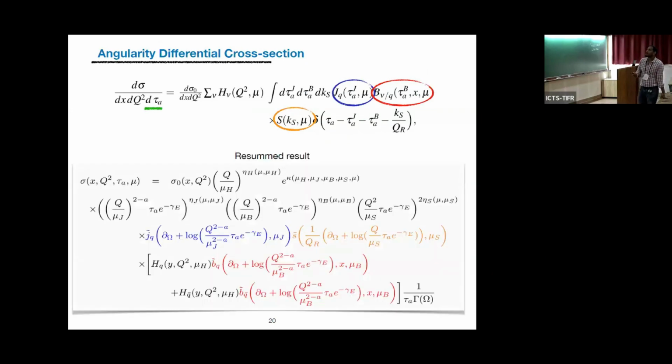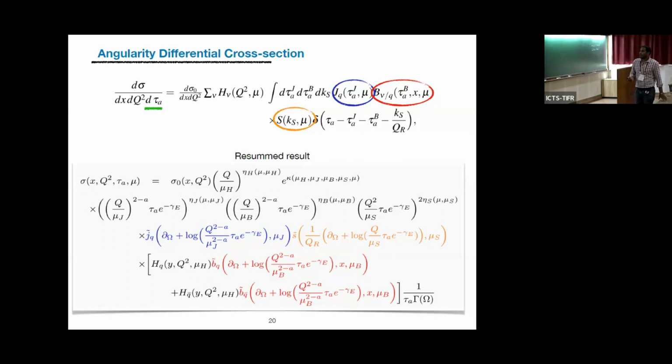Now, the angularity differential cross section. We started with this factorization, then did the resummation, and the resummed total cross section looks like this. Let me briefly tell you the sections of the equation. These two red parts are the collinear beam functions.